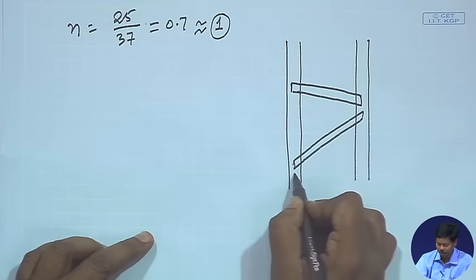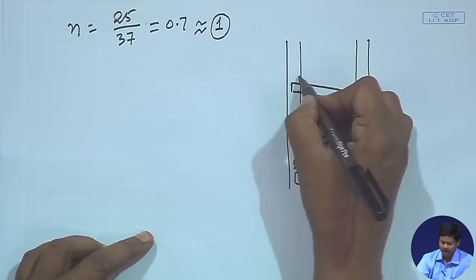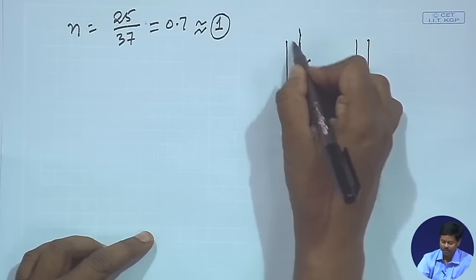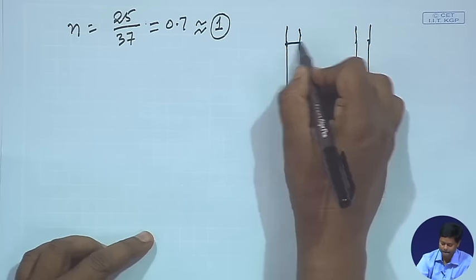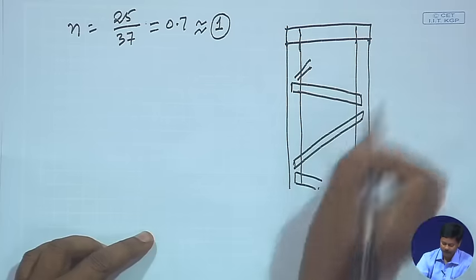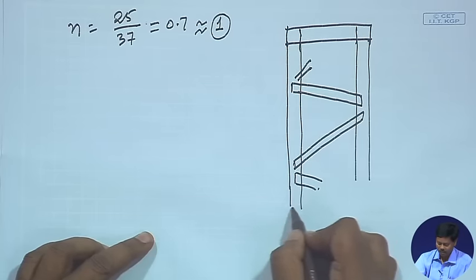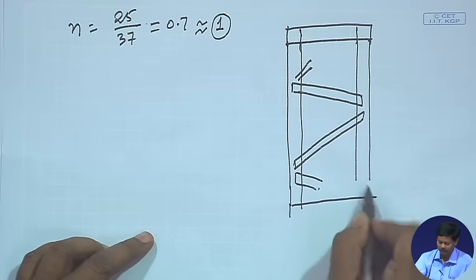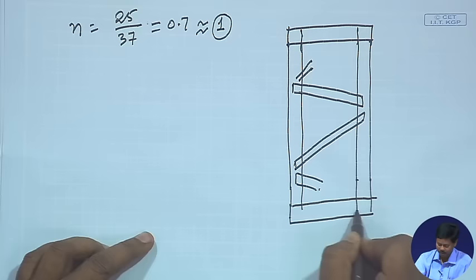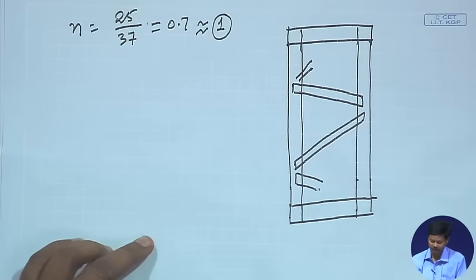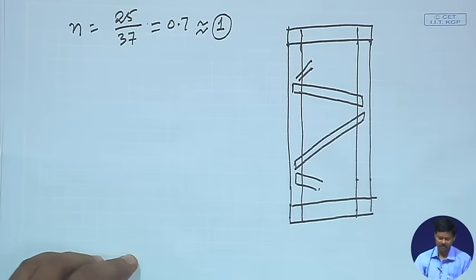So, this will go on like this, right, and finally, we have to provide the tie plate at the end, at top and bottom, means at both ends we have to provide tie plate.